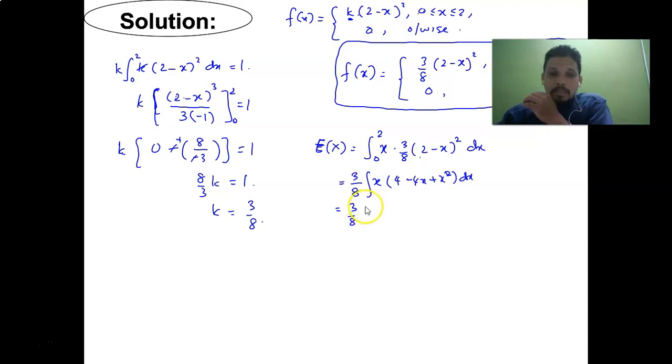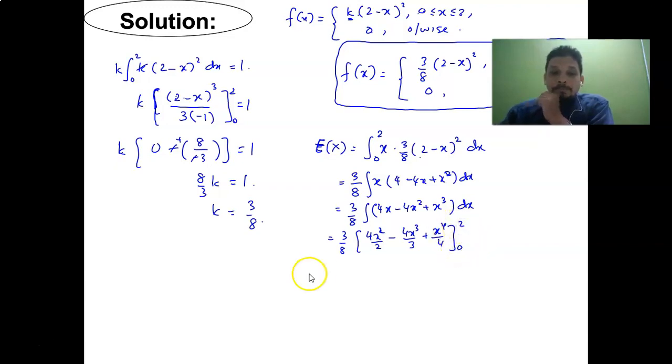So 3 over 8 integral of 4x minus 4x squared plus x cubed dx. We integrate this one by one: 4x squared divided by 2 minus 4x cubed divided by 3 plus x to the 4 divided by 4, from 0 until 2. So 4 divided by 2 equal to 2, 4 over 3, and x to the 4 divided by 4. Let's substitute x with 2 first.